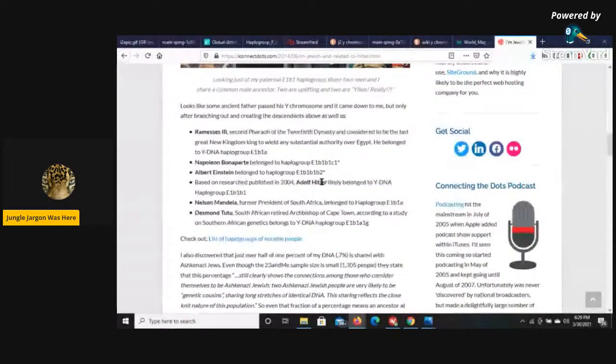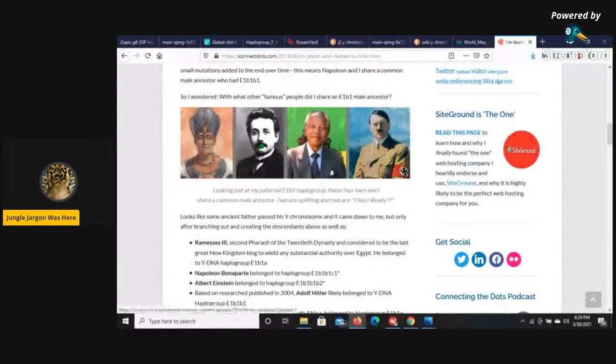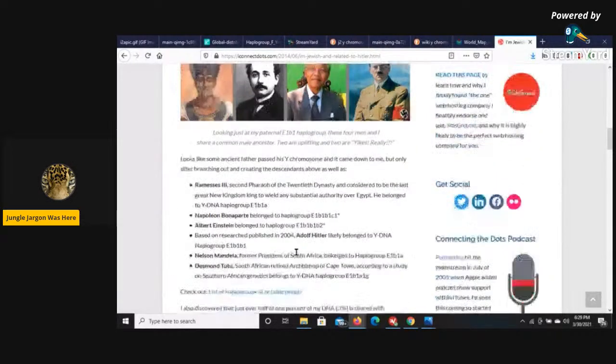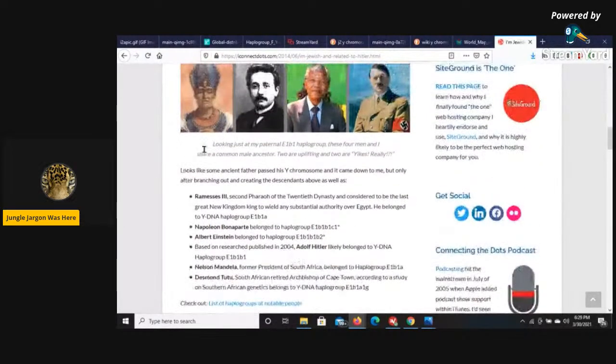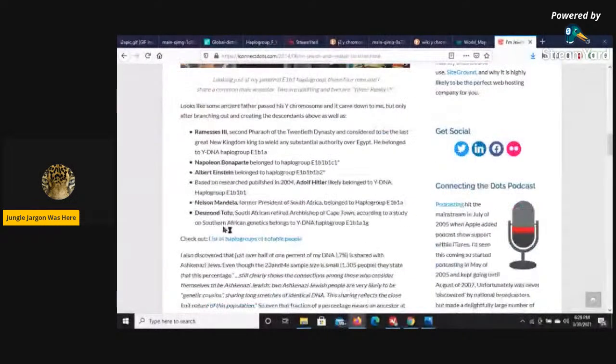Probably because the Jewish people mixed in with the Canaanites, or vice versa. Canaanites mixed in with the Jewish people. This guy here might have been a Canaanite. Ramses the Third.